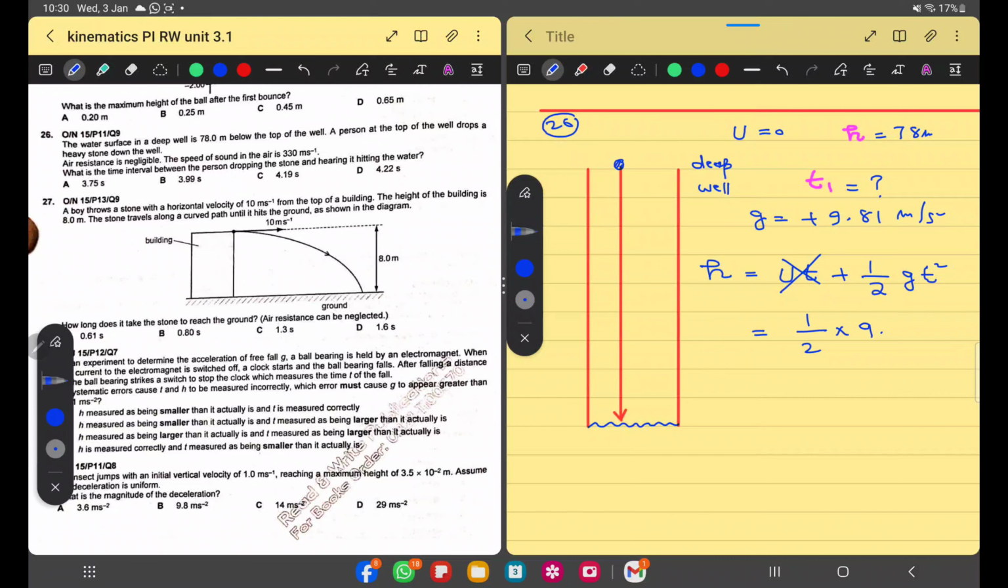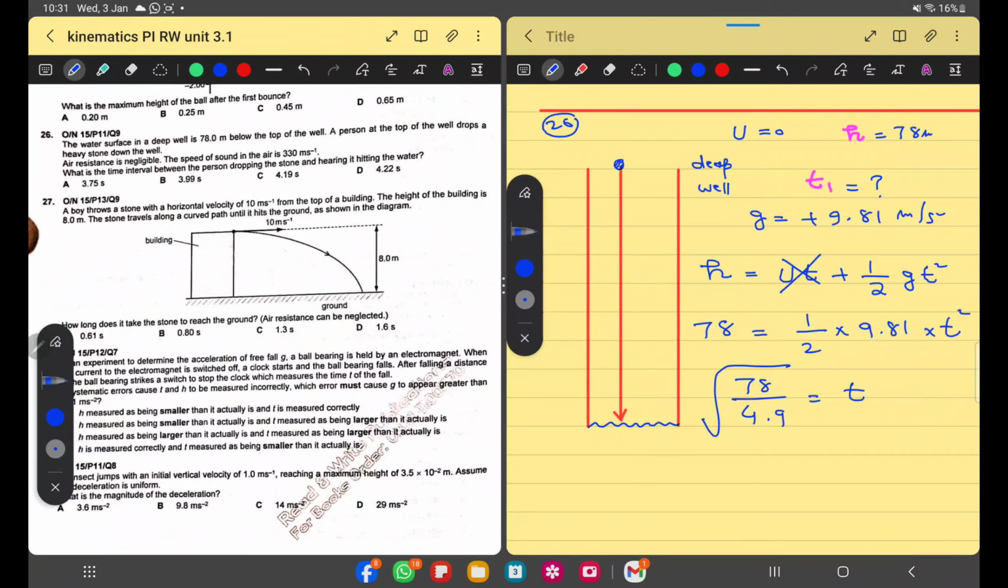Half g is 9.81, we have to calculate time to cover a depth of 78 meter. So 78 divided by 9.8 divided by 2, it becomes 4.9. So I have shifted 4.9 to the other side. I'm solving with a calculator.